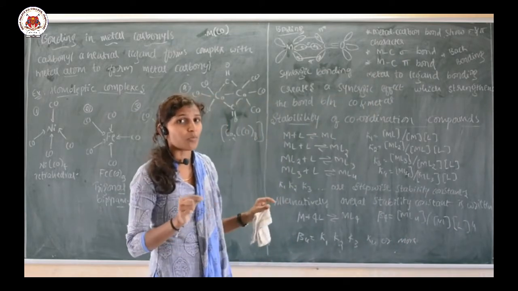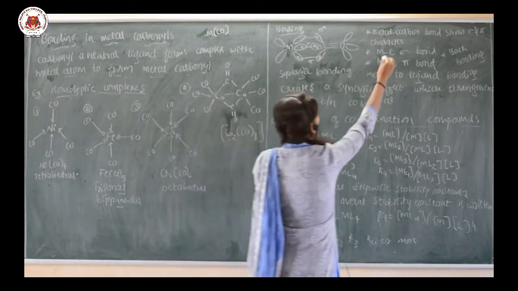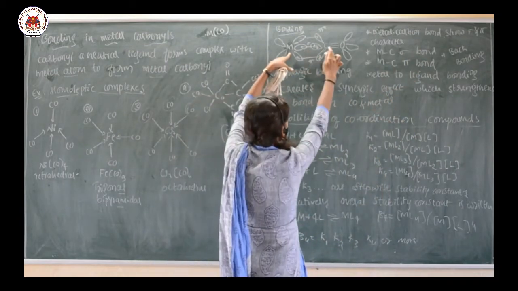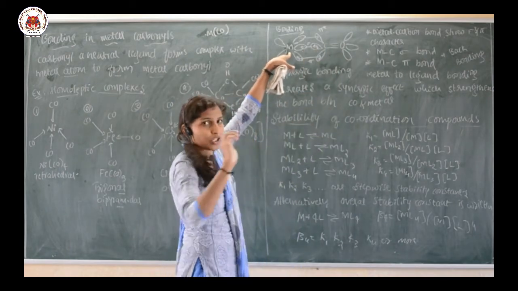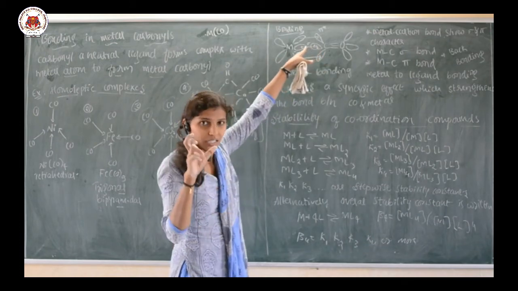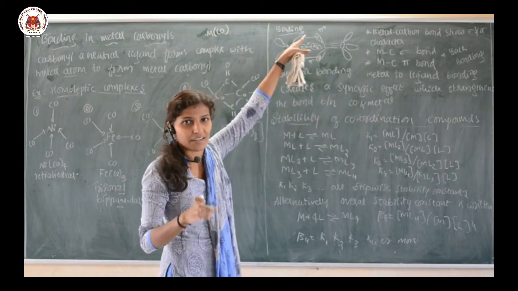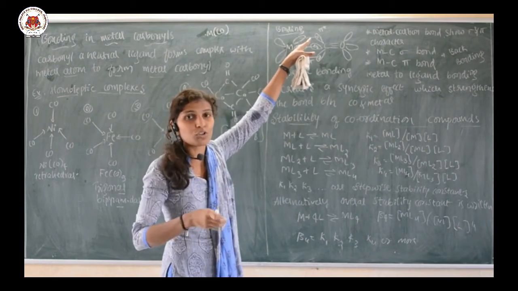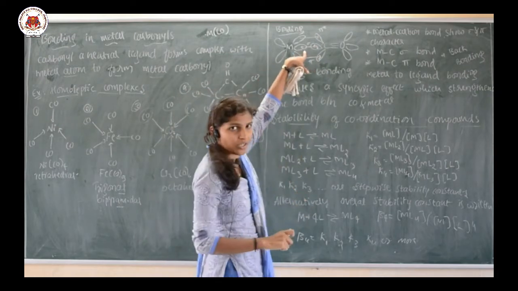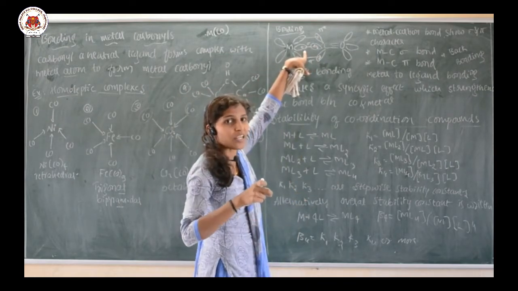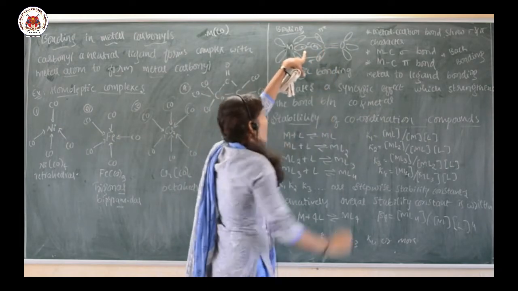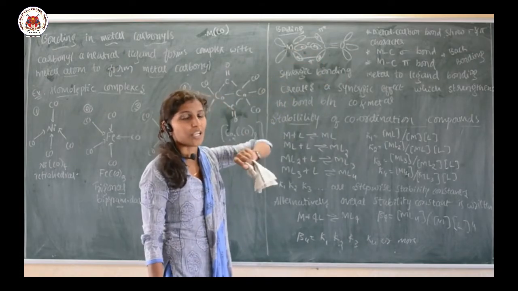Then how is the sigma bond formed? See here, a metal to carbon sigma bond formation takes place. In the carbonyl, which acts as a ligand, the ligand should donate a lone pair of electrons towards the central metal atom. The central metal atom has an empty d orbital, which is filled by the electrons donated by the carbon of the carbonyl group.